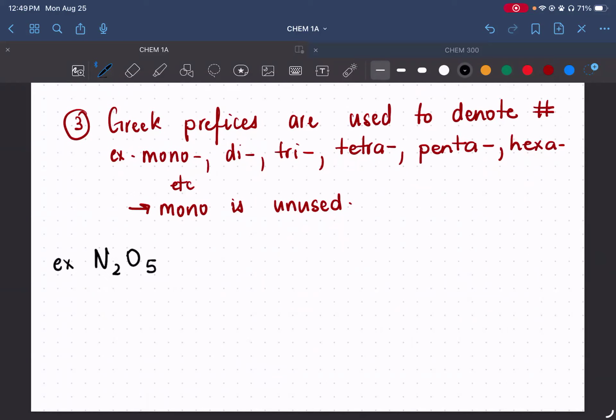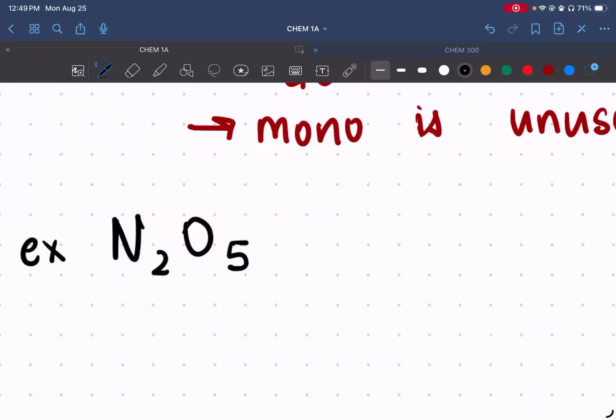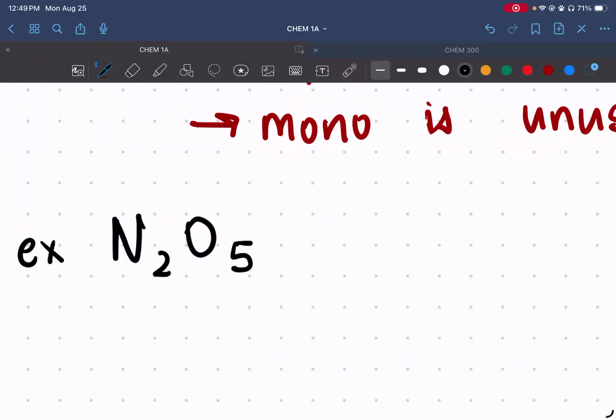Okay. The cation is written first, then the anion. But wait a second, wait a second. I'm looking at this compound and I see nitrogen and oxygen. Now, nitrogen is in group 5.